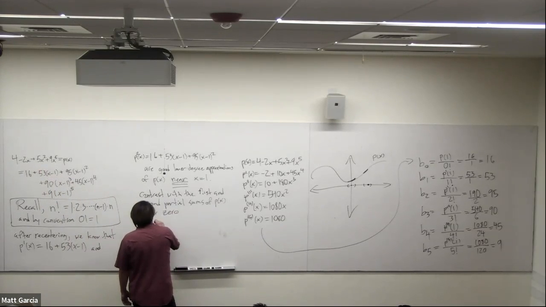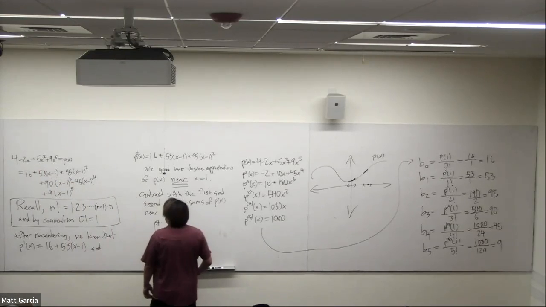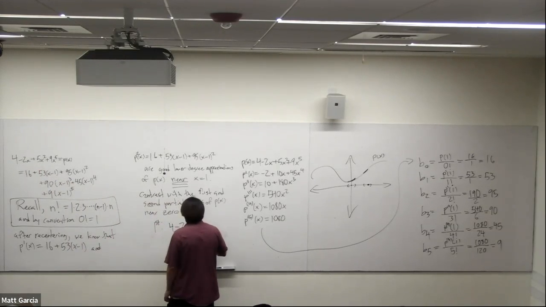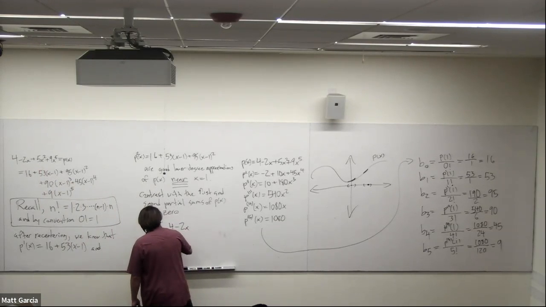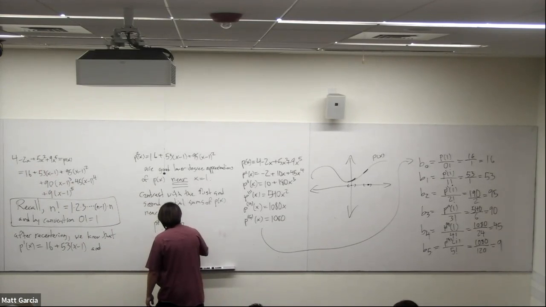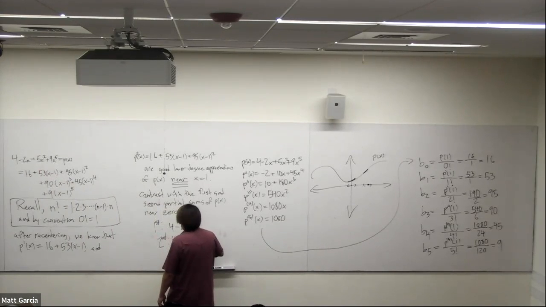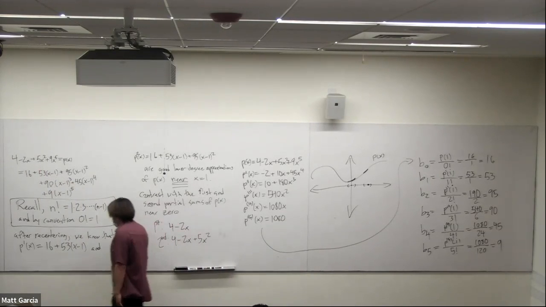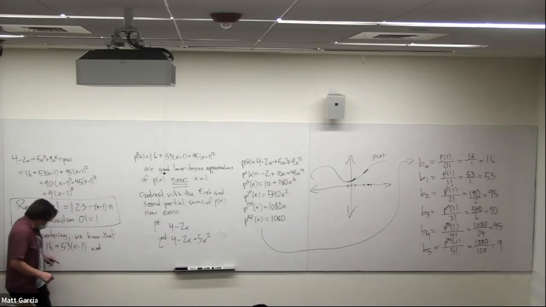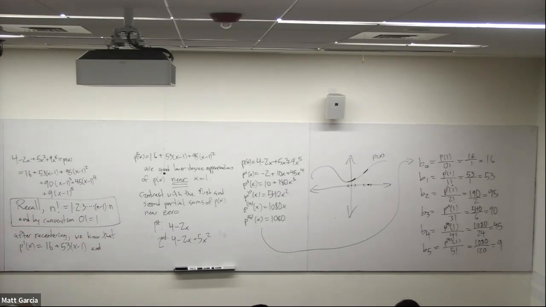Okay. For the first, what do we get? We get 4 minus 2x. And for the second, we get 4 minus 2x plus 5x squared. Compare these two polynomials with these two polynomials. These are vastly different from one another.